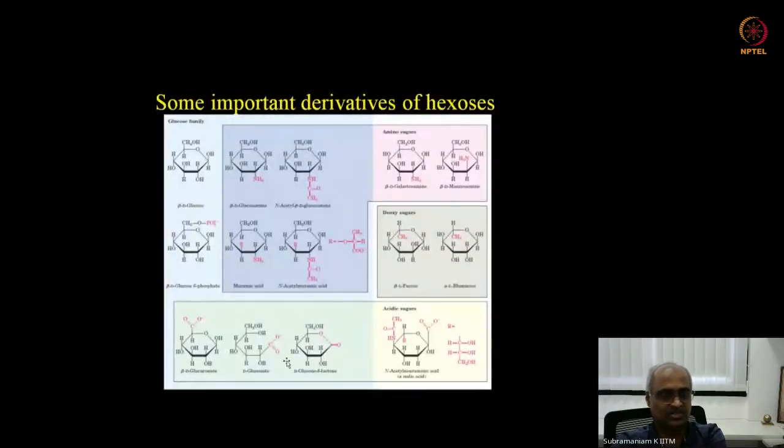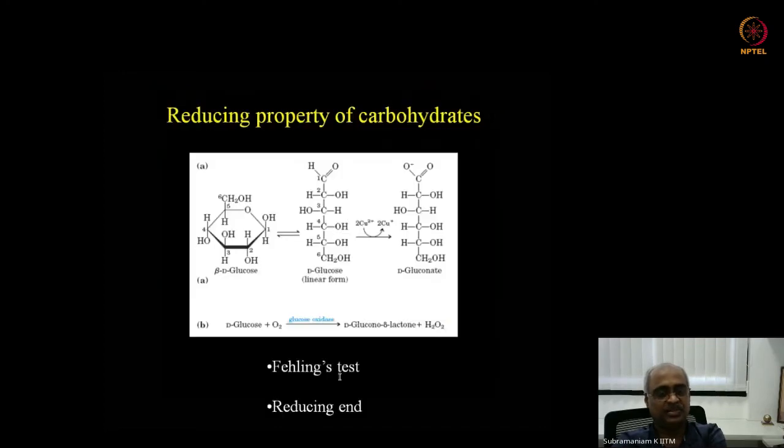Remember this structure. Okay. When the aldehyde group is oxidized to carboxyl group, and that readily forms this ring, this ester linkage, carboxylic acid with this alcohol hydroxyl group, that is the gluconolactone. And that is what glucose oxidase does using oxygen as the other substrate. You get the gluconolactone.